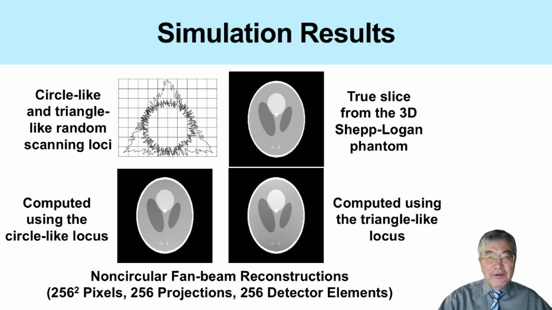So even though the formula is not theoretically exact for arbitrary non-circular trajectories, it gives very good results in these numerical simulations. This tells us that the heuristic geometric interpretation is useful. It helps us design reconstruction formulas that may not be mathematically perfect, but can still work very well in practice.